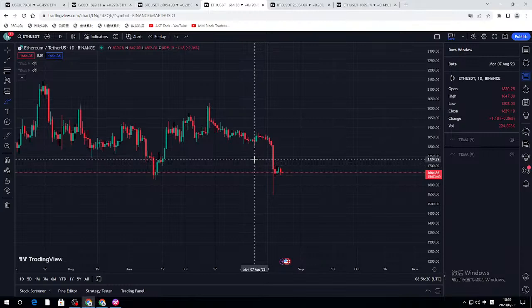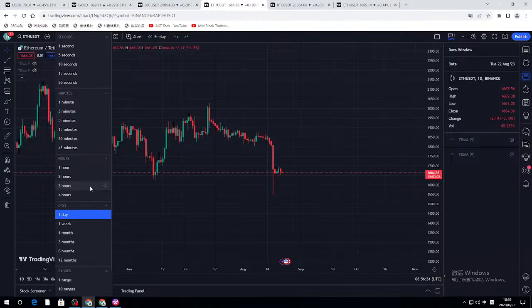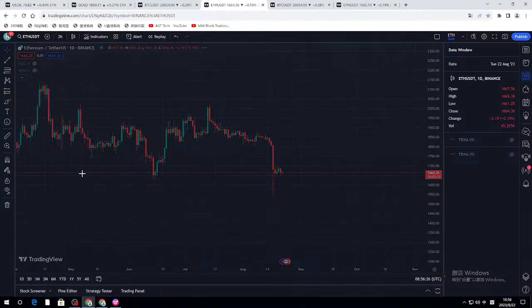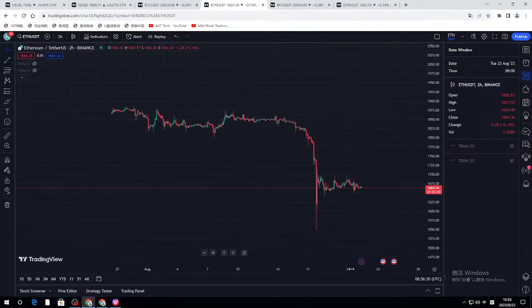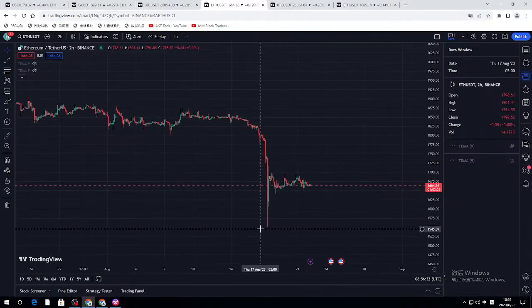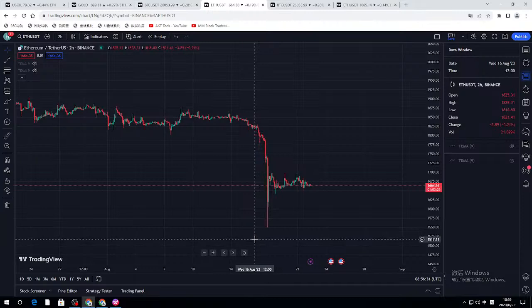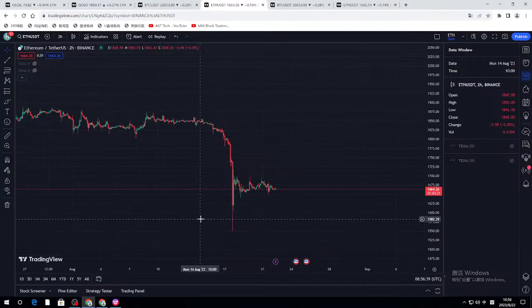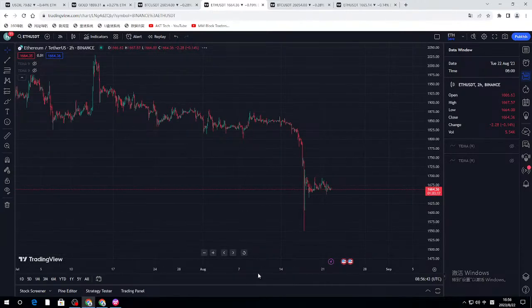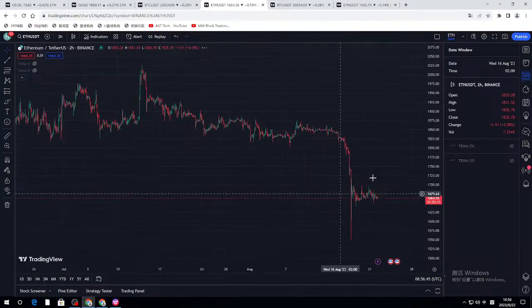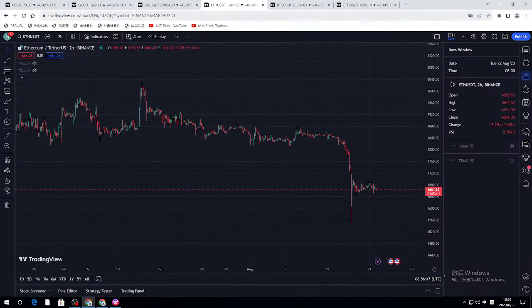Looking at some other things on the daily, Ethereum has entered oversold territory on the RSI, where the daily Ethereum RSI has gotten over the last 1 year.